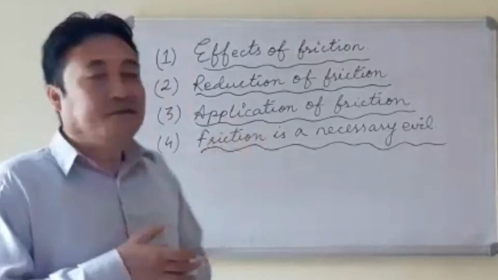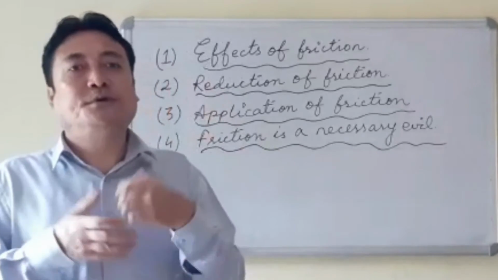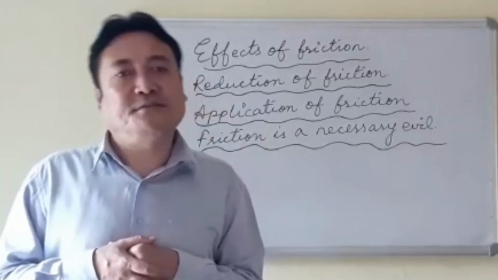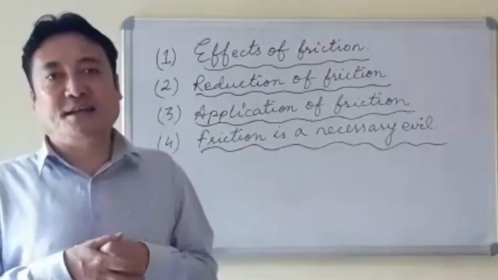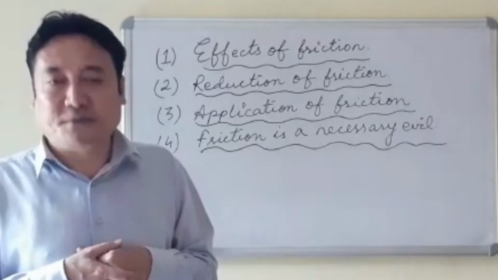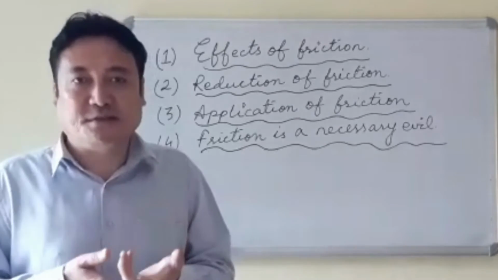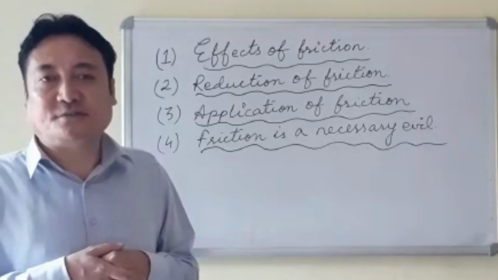The last one is that friction is a necessary evil. Though friction causes plenty of heat, there is a loss of energy. The efficiency of the machine can be reduced because of the friction. So it has a disadvantage also.